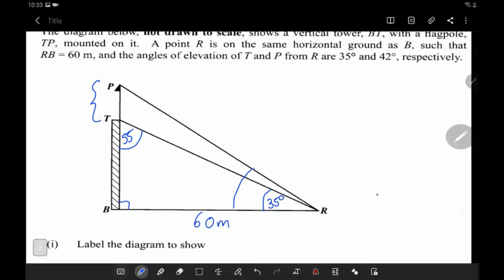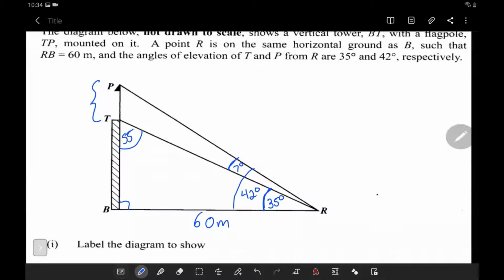And if this entire thing here is 42, that would mean that this angle here is 7 degrees. Why? Because this piece is 35. Okay, so we saw that that is 7.